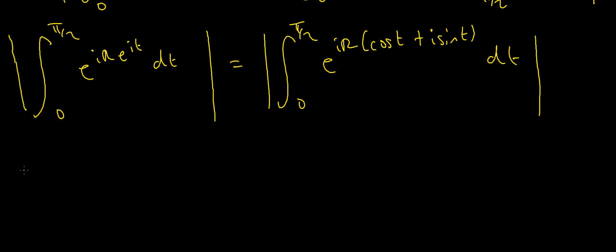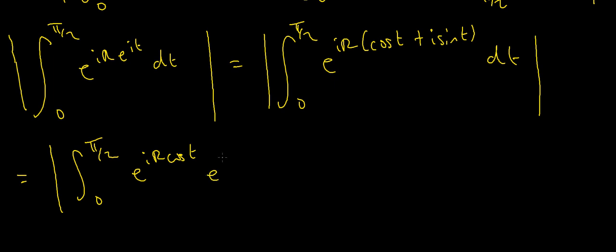And that's the same as the absolute value of the integral from 0 to pi over 2 of e to the I r cos t times e to the I squared r sine t dt.